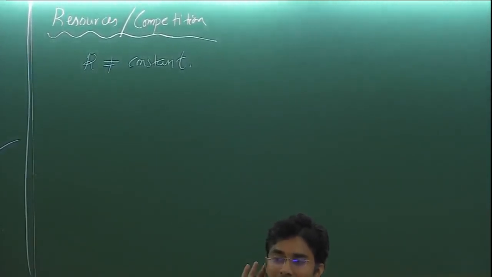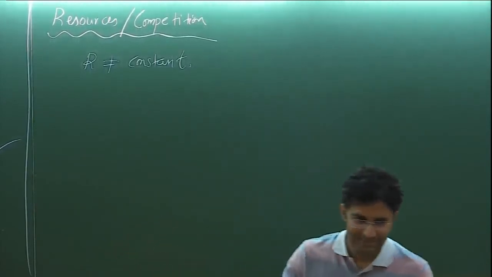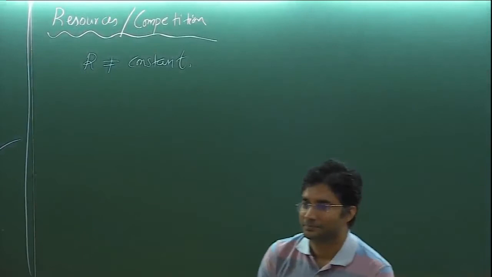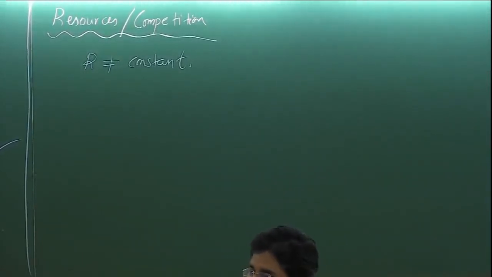Say it again. Covariate. What is a covariate? Okay. How do I do that? So he wants R to be a function of something. Makes sense? Absolutely. Yes. How? Okay.